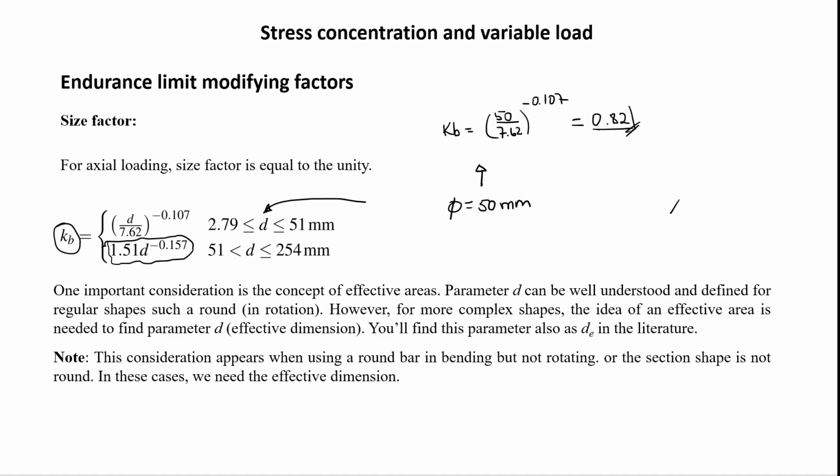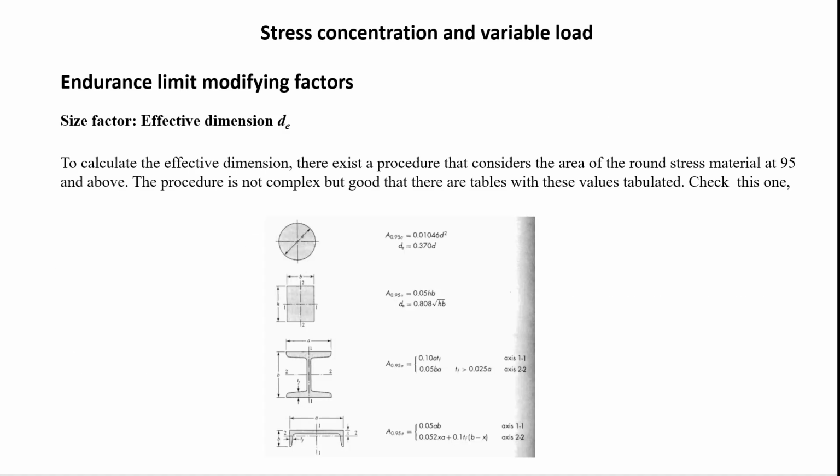Imagine that. Now, as I mentioned, this is very clear, diameter D for a round bar, but if you have a complex shape, of course, engineers and designers knew that, and they came up with an effective dimension called DE, which translates the equivalent of a round bar to a complex shape piece, like rectangular, or for example an H beam or I beam. You have this U channel there.